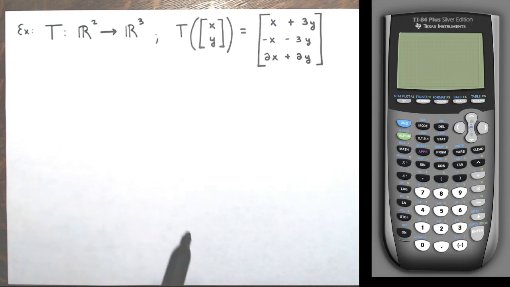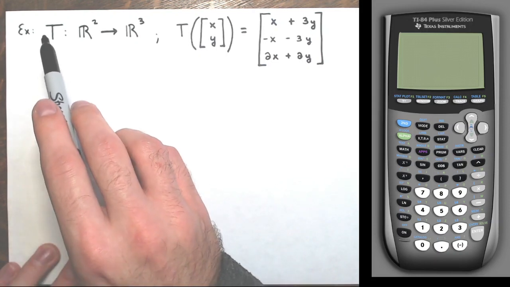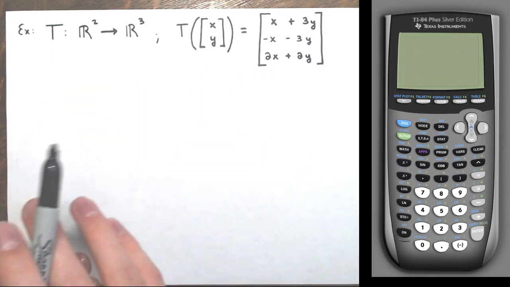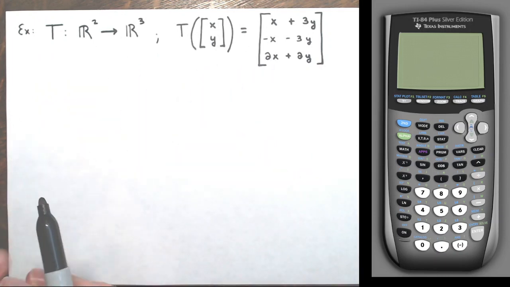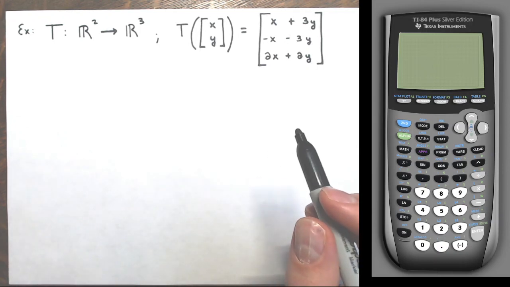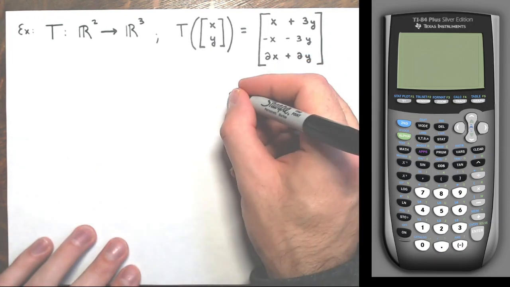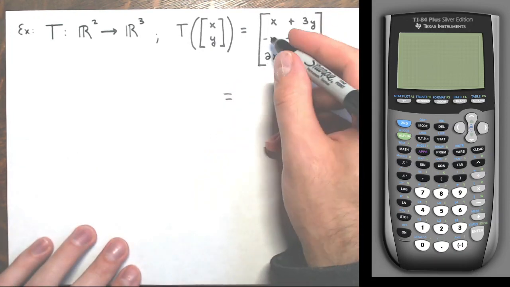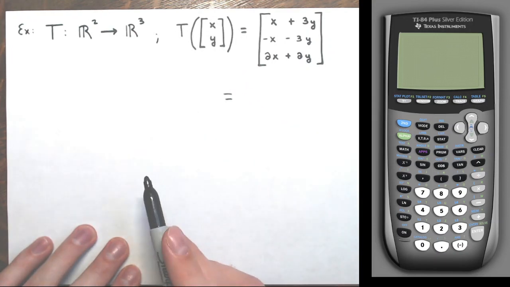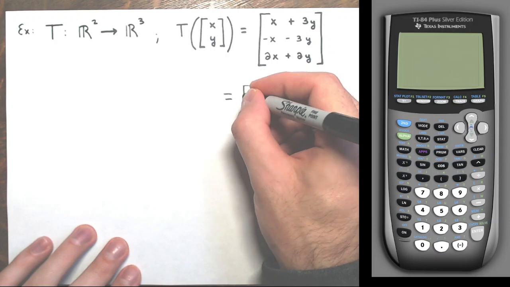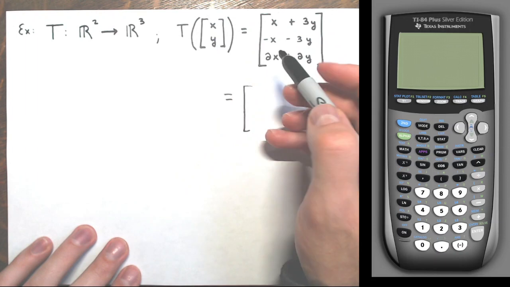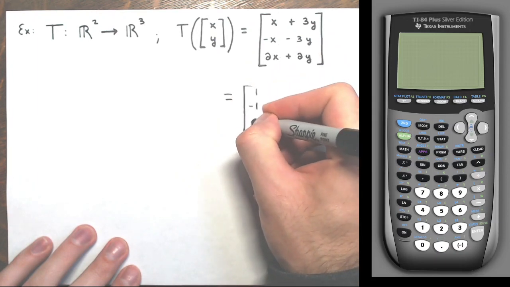Again, we are told that this is a linear transformation, so I don't need to check whether the additivity property or homogeneity property hold. They do. So since it's linear, I should be able to express this output vector as a matrix times the input vector. This is going to be a 3x2 matrix, where down the first column are the coefficients of my first input variable x, so 1, -1, 2.